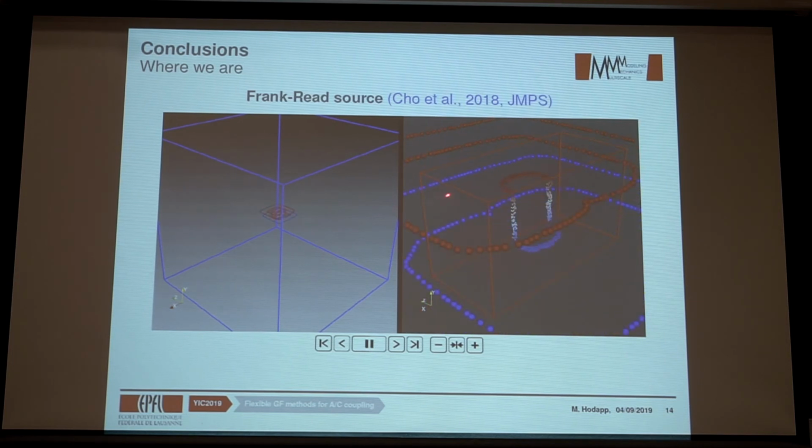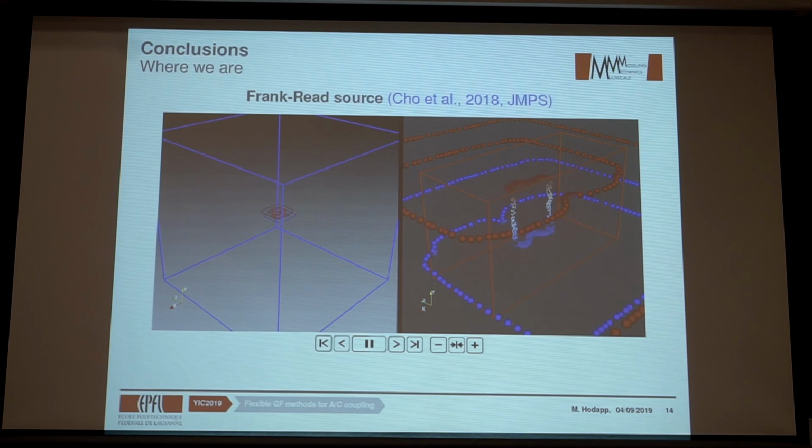So we have applied this algorithm to this problem, and Jehan has also developed some passing scheme in order to transfer this dislocation from the atomistic domain into the discrete dislocation domain. So this is something we can do currently.